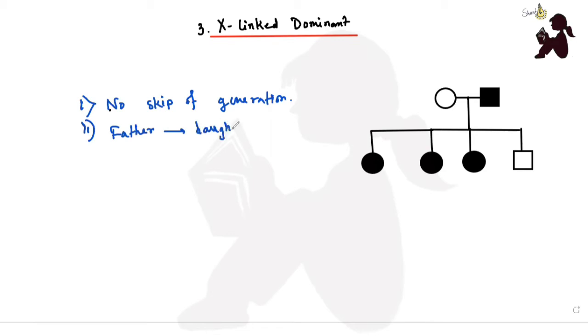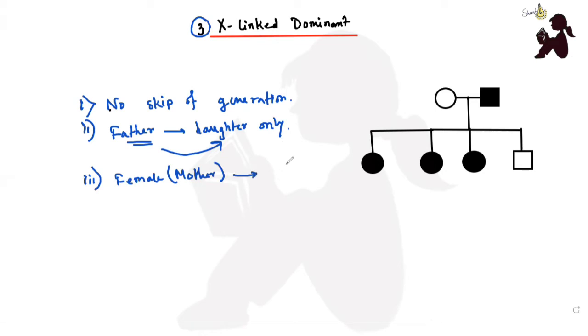Then, the other condition is that the female individual, or the mother, can transfer the disease to the son and the daughter equally.